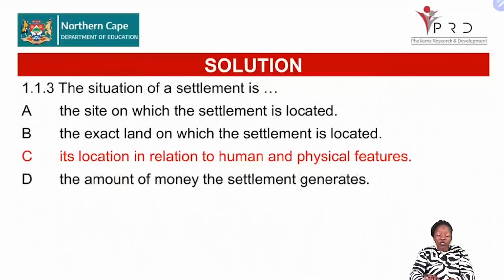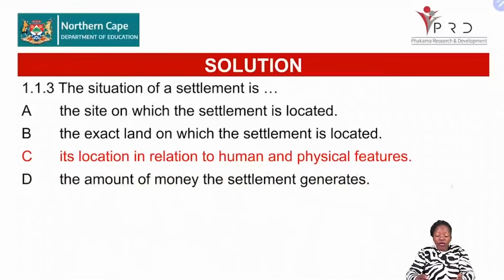Remember the situation for someone who wants to start farming. You are going to the rural settlement so that you can start farming. So your situation there will be the type of soil, the water source, is it available, and also looking at the type of slope. Those become your situation in terms of the physical features. Then when it comes to the human, is that area accessible?